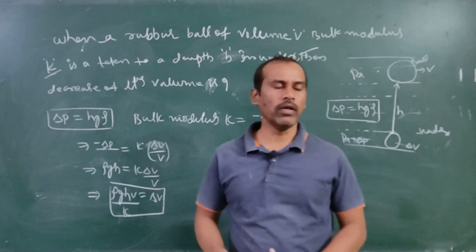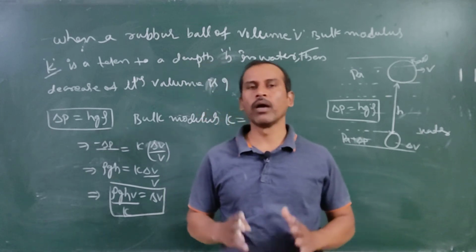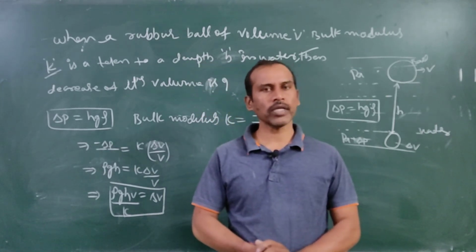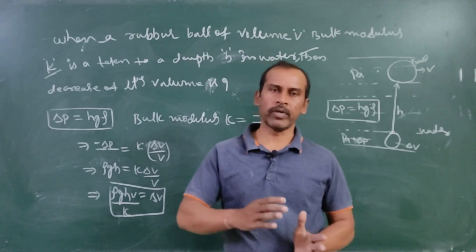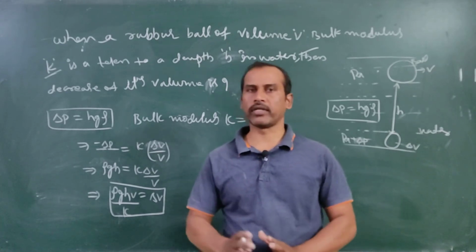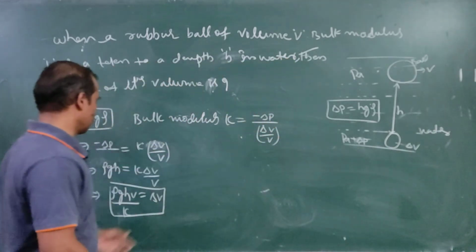Next we will discuss the Poisson ratio and lateral strain, volume strain, and the relation between volume strain, lateral strain and Poisson ratio. Now note this one first of all.